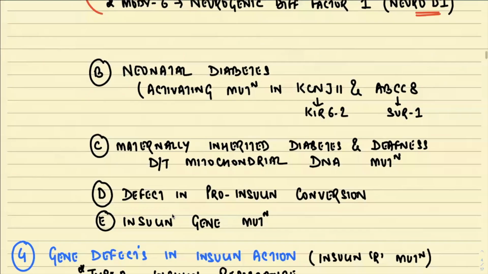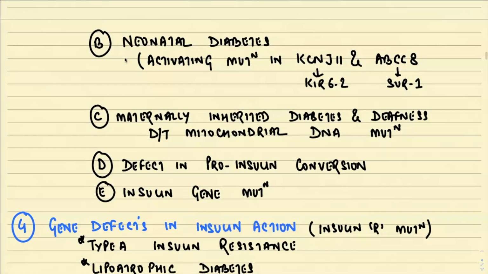Now, secondly, under the genetics, we have neonatal diabetes, which is characterized by activating mutations in KCNJ11 and ABCC8. KCNJ11 synthesizes a protein called Kir6.2, and ABCC8 synthesizes a protein called SUR1. Then maternally inherited diabetes and deafness occurs because of mitochondrial DNA mutation.